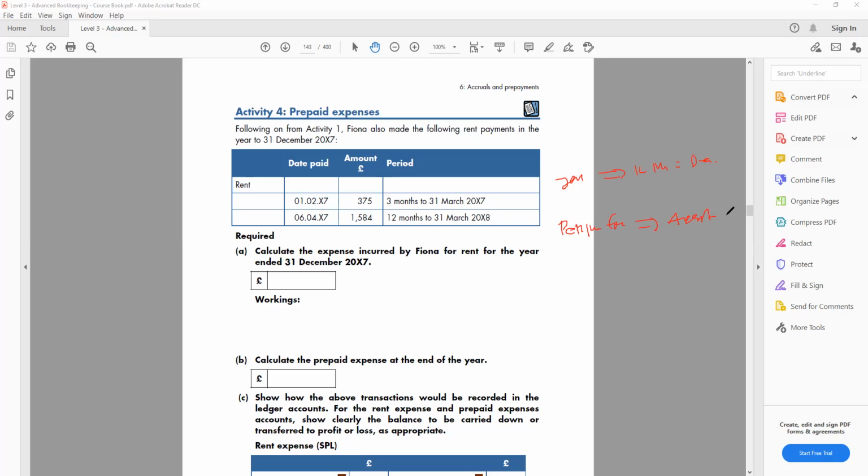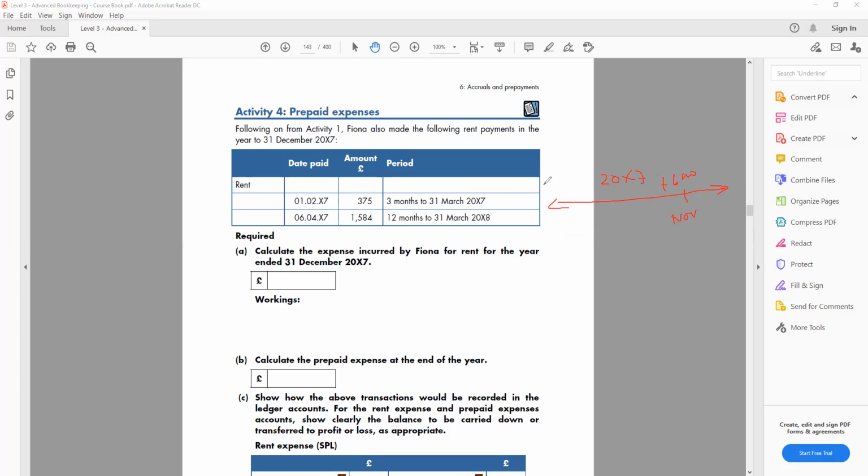So what happens in the financial statement? If you paid in advance, then your expense for that year will be reduced. For example, let's say we are in 2007 and we paid in November £6,000 for 6 months.